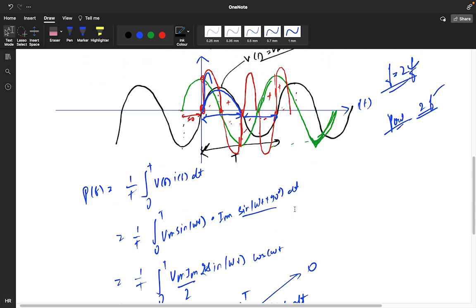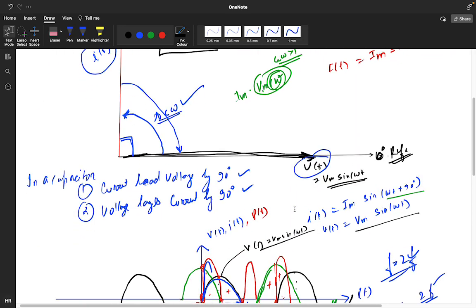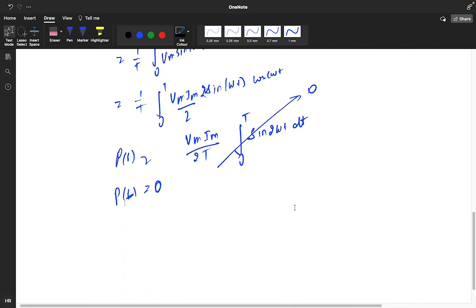So this was the story of a capacitor, and we discussed the story of an inductor also. Now we'll move to the next topic, that is series RL.